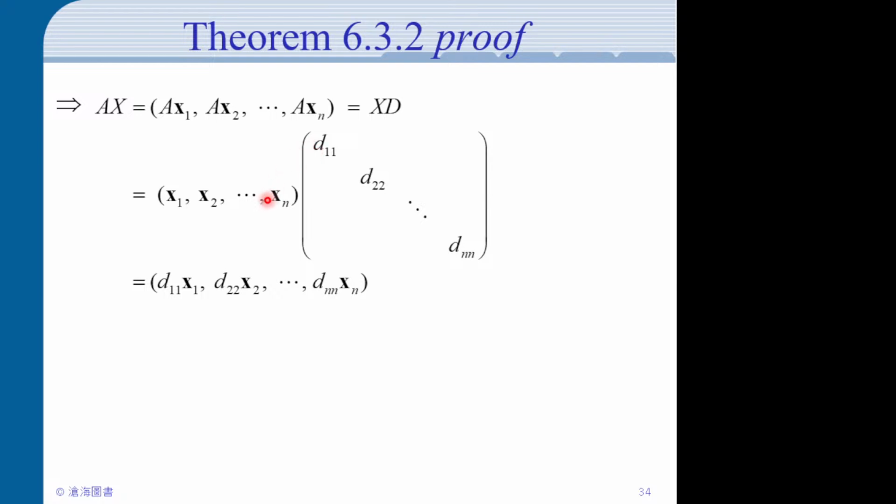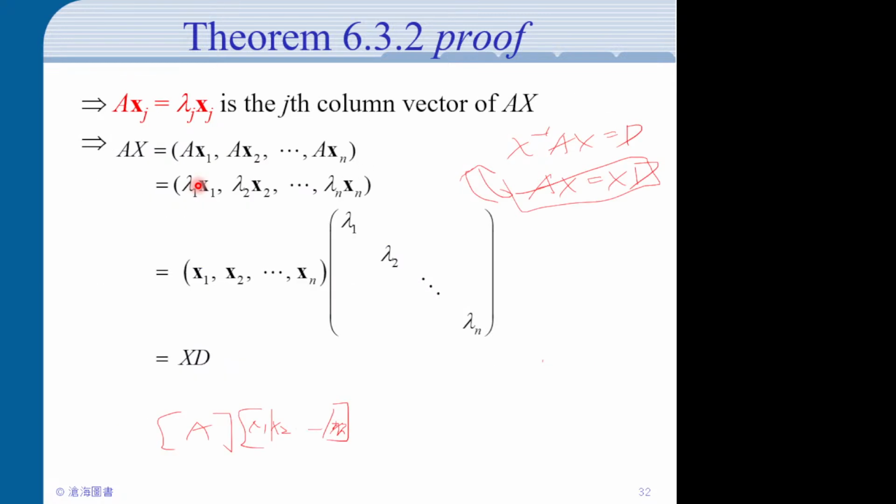X only needs to be eigenvectors corresponding to those eigenvalues, but you can reorder them. Maybe you swap lambda 1 and lambda 2, then you will also need to swap x1 and x2 to make X the diagonalizing matrix. That will also be a diagonalizing matrix, but a different X.